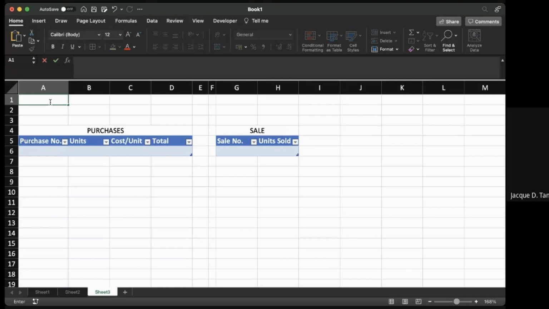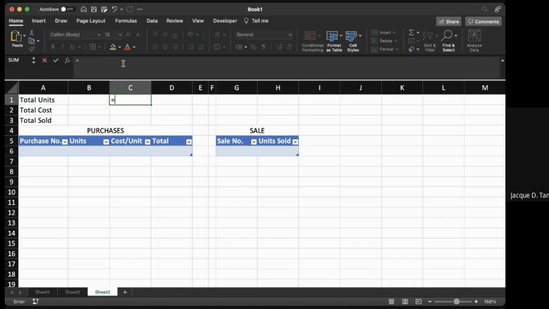So first, we have your total units. And then we have here your total cost. And then we have your total sold. So how do we compute for your total units?